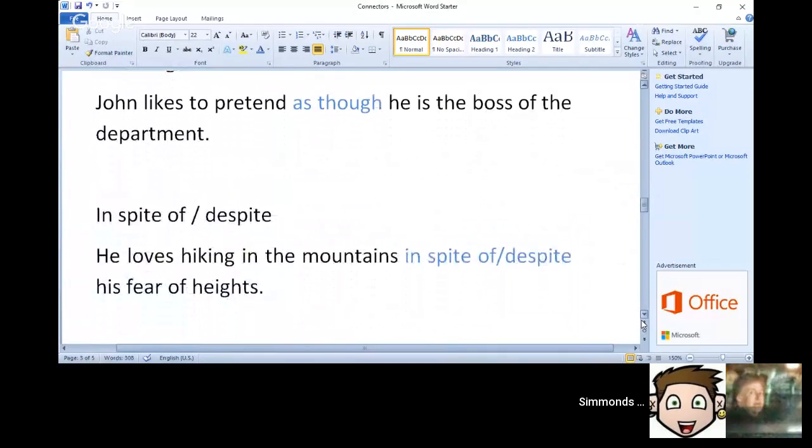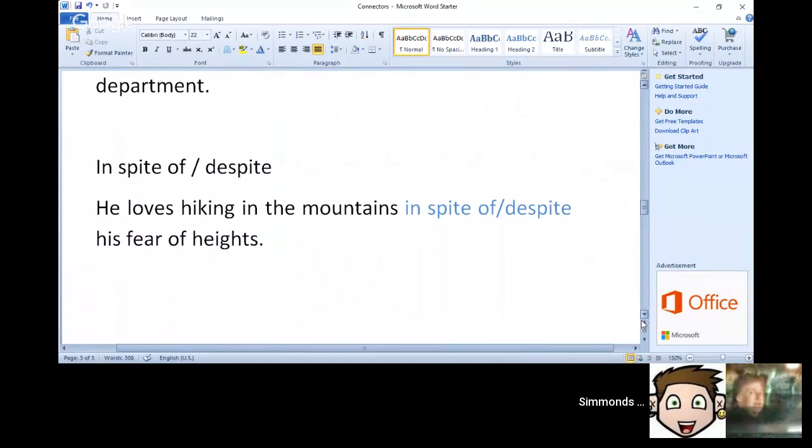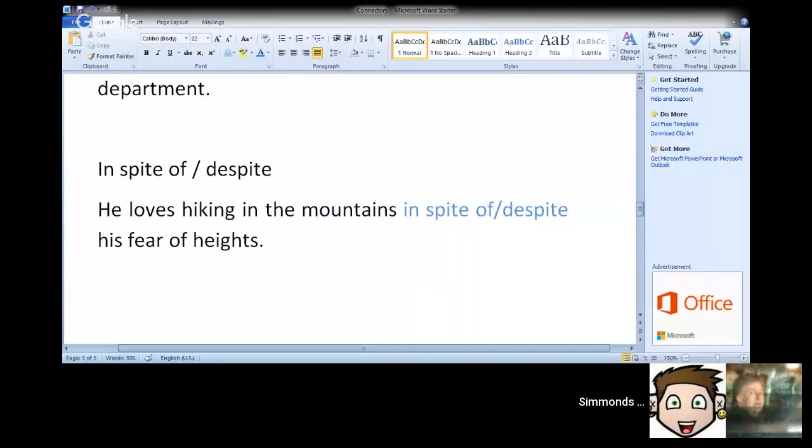In spite and despite, I'm sure that we've seen this before. And Rafa, it's your turn, right? In spite of, despite. He loves hiking in the mountains in spite of, despite his fear of heights. Good. So we can use in spite of, the three words, or just one word, despite.